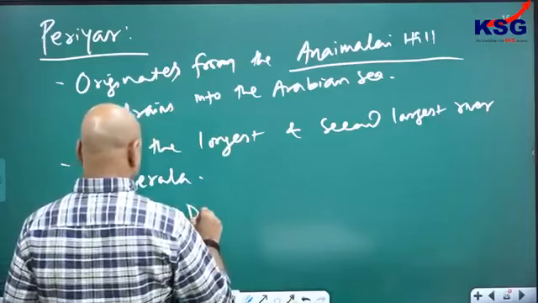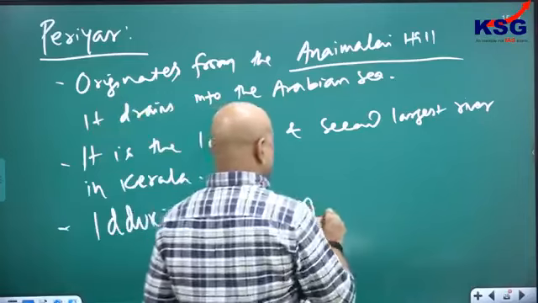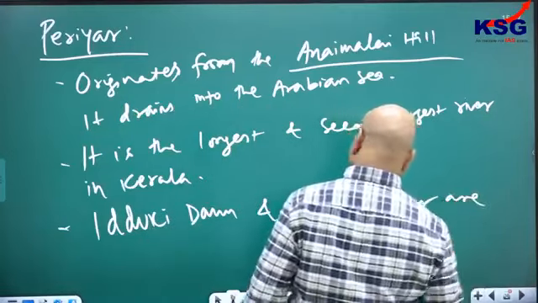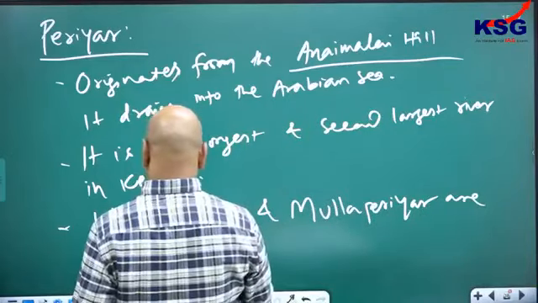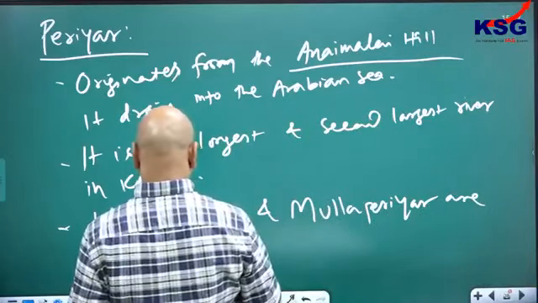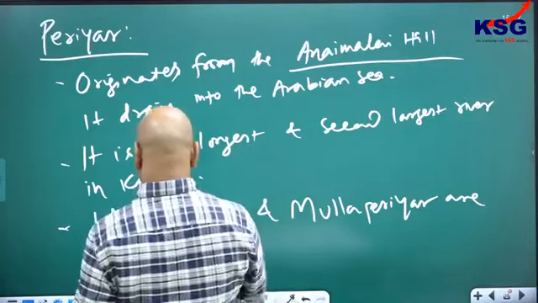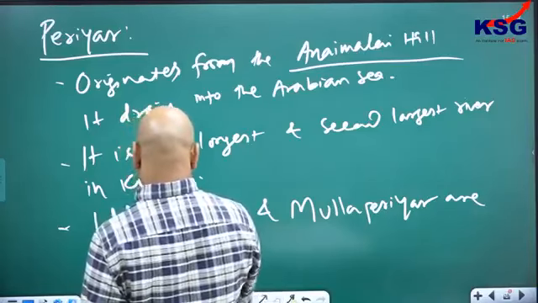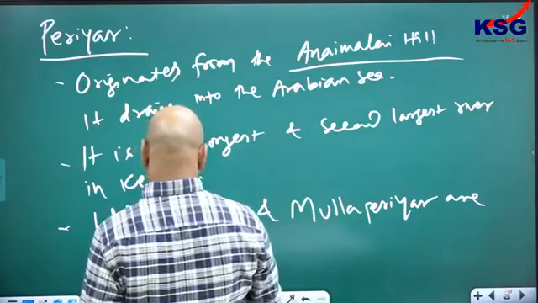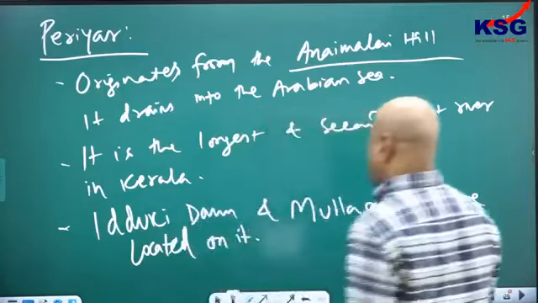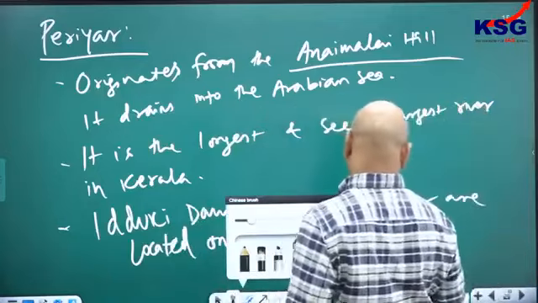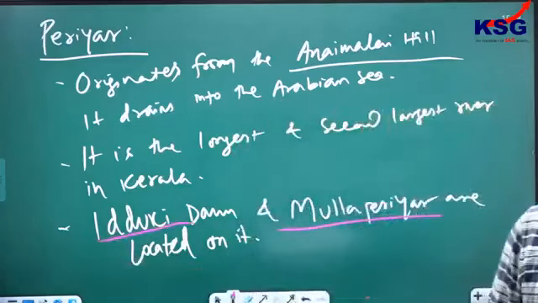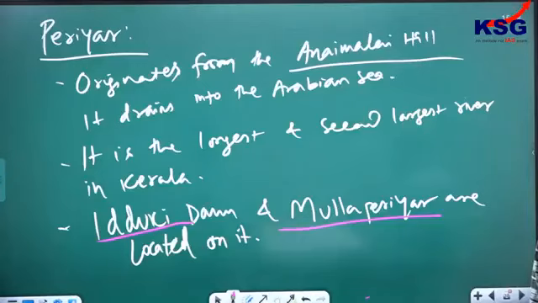Idukki Dam and Mulla Periyar are located on it. Okay, these are all here. These are certain things which you must know.